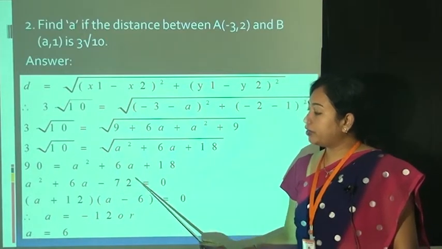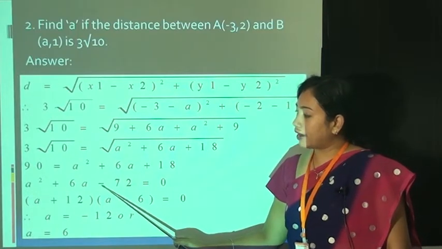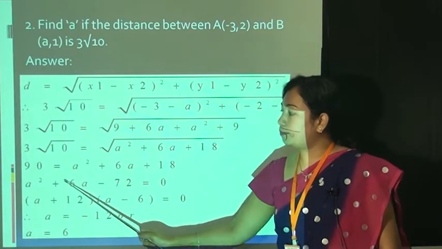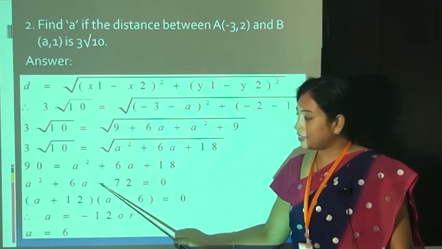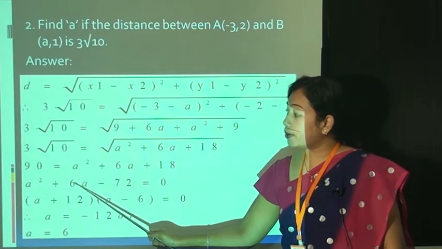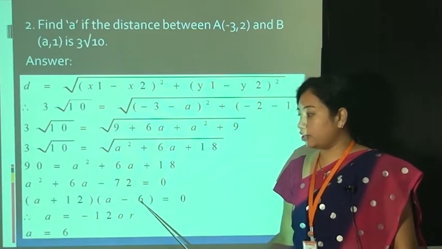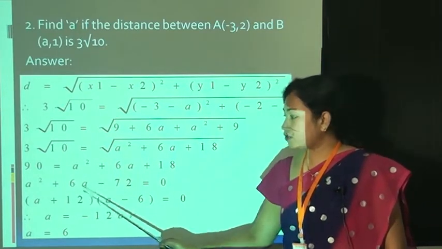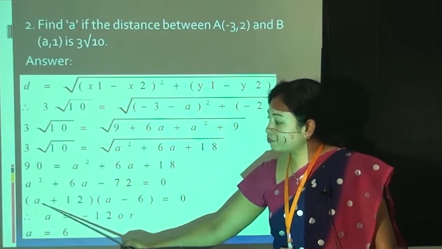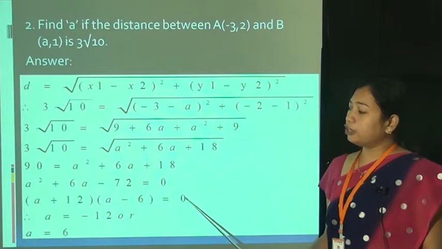Now take factors of 72 such that their subtraction becomes 6. That means we have to take two factors of 72 whose subtraction is 6. So 12 into 6 is 72 and 12 minus 6 is 6. That's why we can write this equation in this form: (a + 12) into (a - 6) is equal to 0.